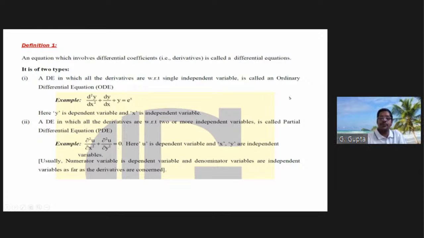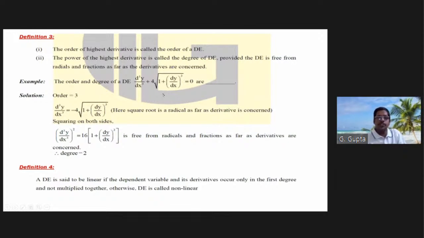Okay. Now, definition 2, before definition 3, is not required generally. Just for knowing purposes, I am explaining definition 2. Our intention or aim is to find the solution of a differential equation. What is the meaning of solution? It is a relation between the variables of the given equation which satisfies the given equation.